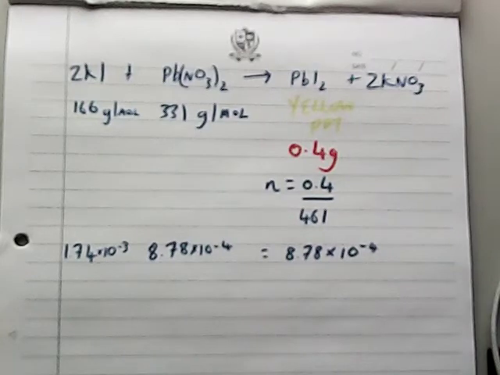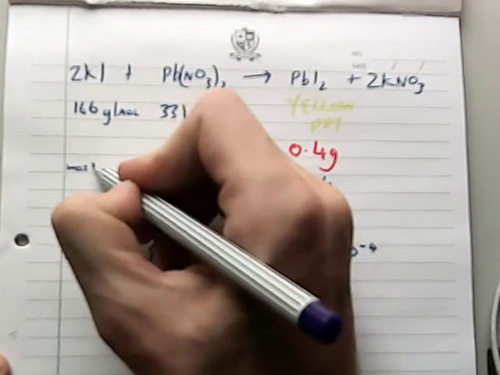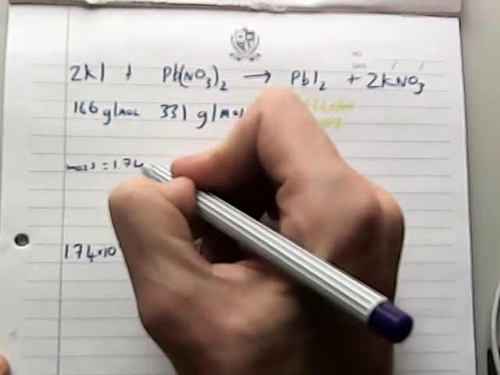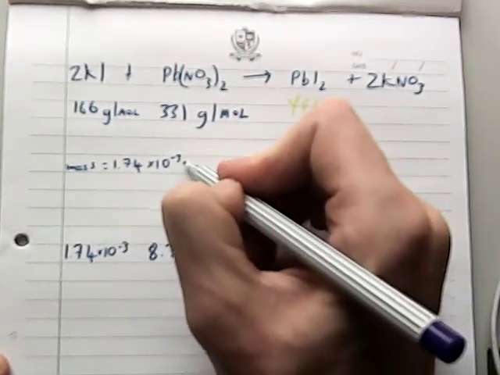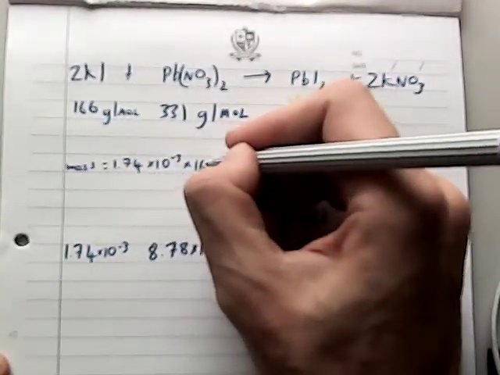Okay. So to work out the mass is Mr times moles. So the mass is simply equal to the number of moles you've just worked out, 1.74 times 10 to the minus 3, multiplied by 166.